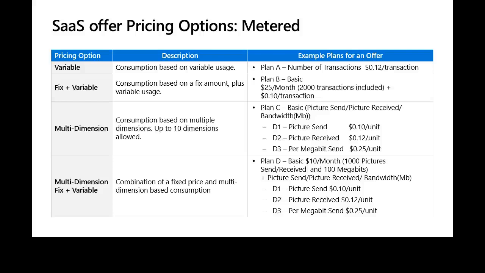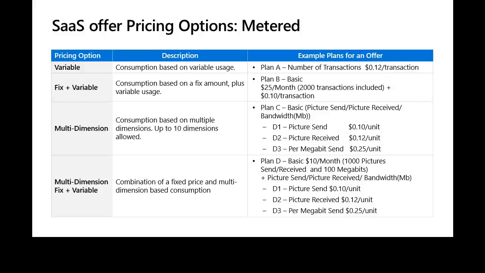In this example, we have dimension 1 that is basically pictures sent, dimension 2 that is pictures received, and also I'm going to charge per megabit used. Each one of those dimensions will have a specific pricing unit, okay? So very granular. You can define up to 10 dimensions, and that composite will make that plan.